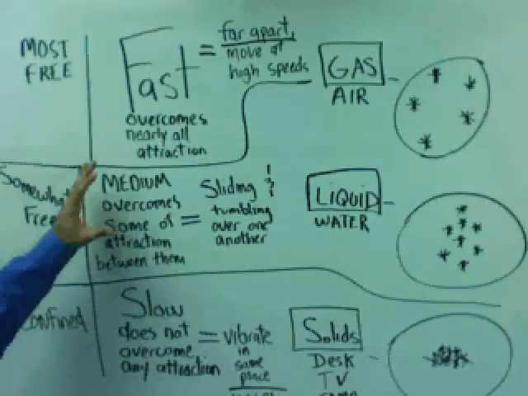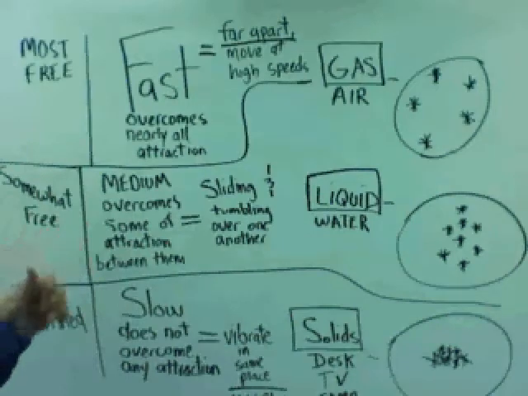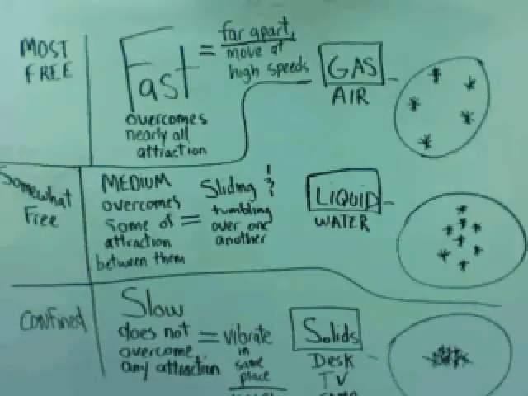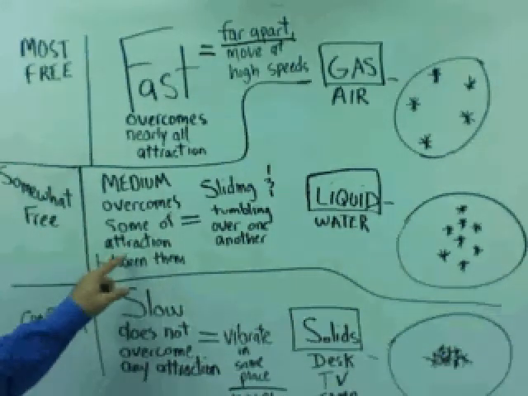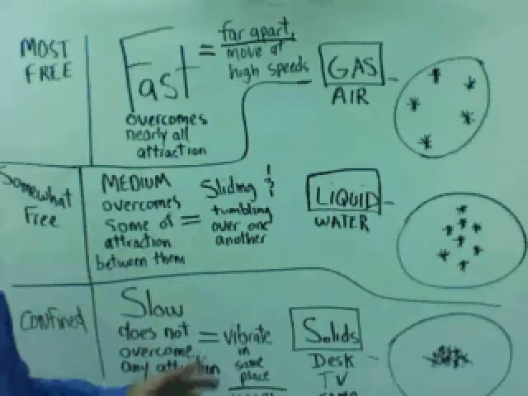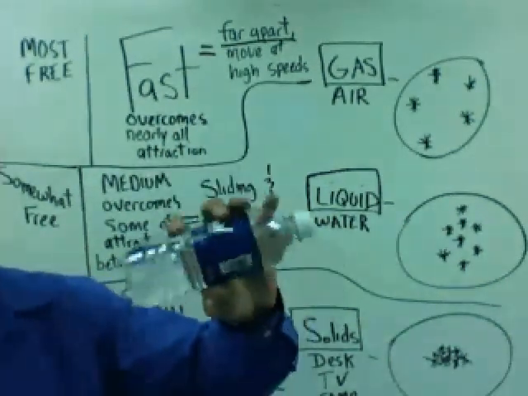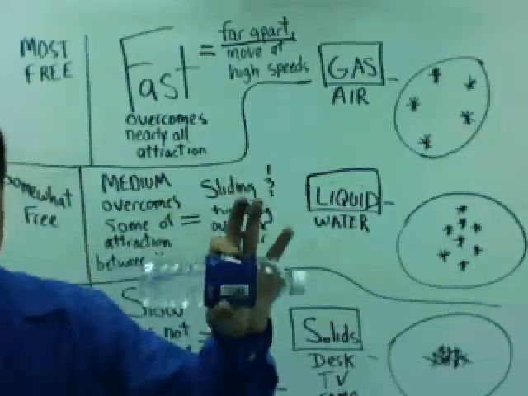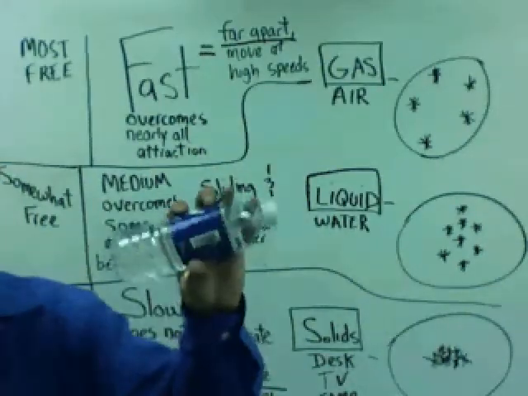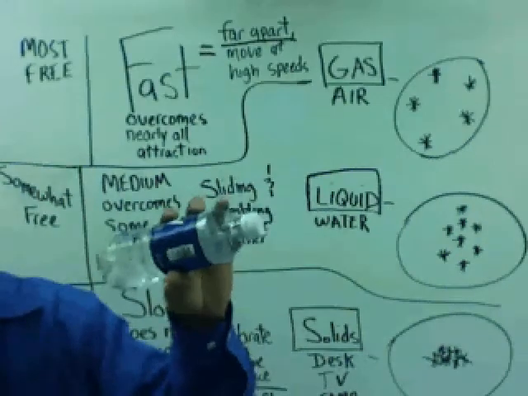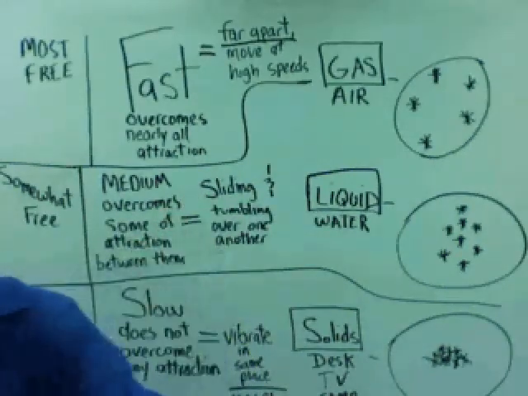So because I just put medium here, they move at a somewhat medium speed, and they're able to overcome some of the attraction between them. Not all of the attraction. If they were able to overcome all of the attraction, the water would just be floating away from each other. But water doesn't do that, does it? No. It pretty much stays somewhat connected.